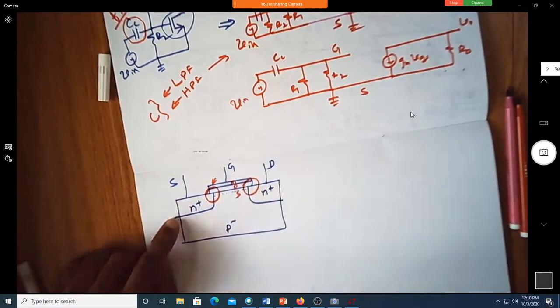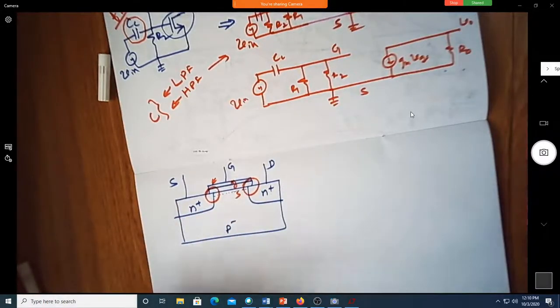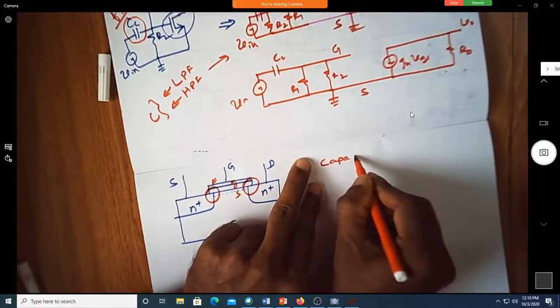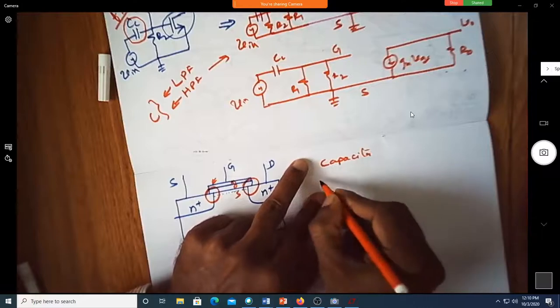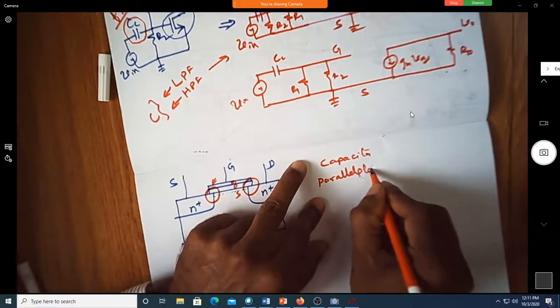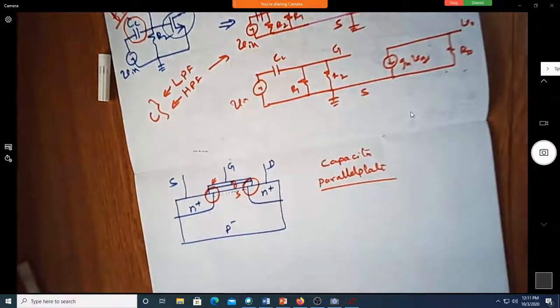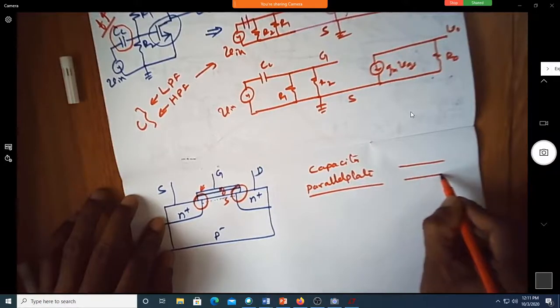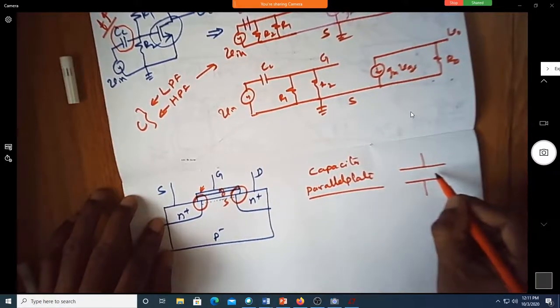Correct? Fine. Now, you know that there is a capacitor. We also call it a parallel plate capacitor. Capacitor is nothing but two plates of certain dimension separated by a dielectric.